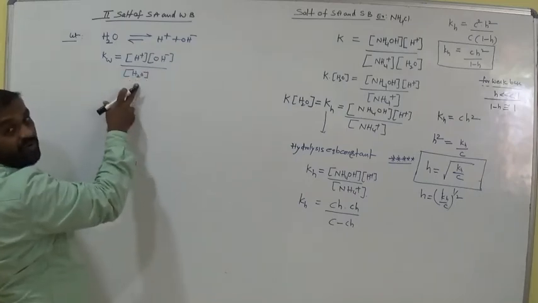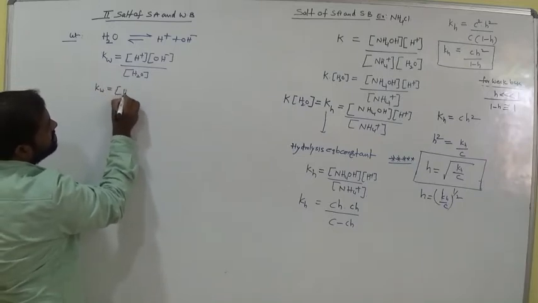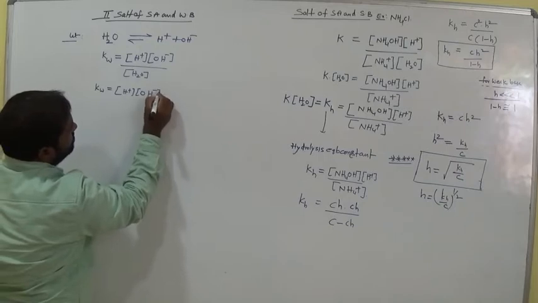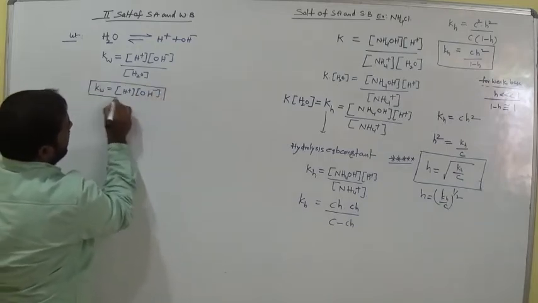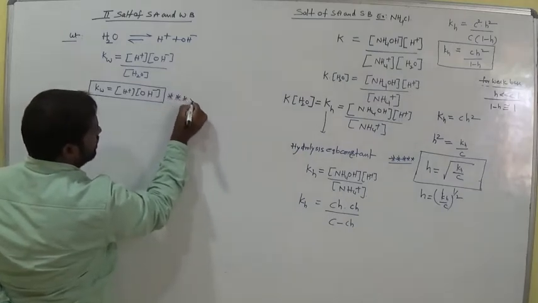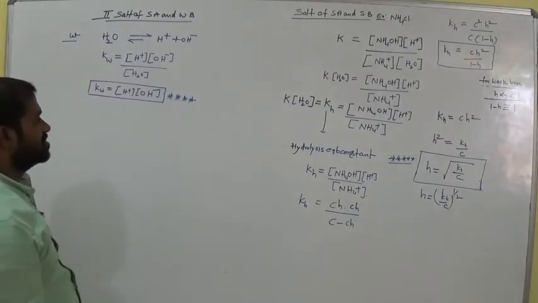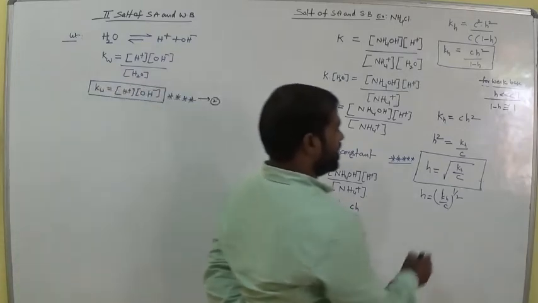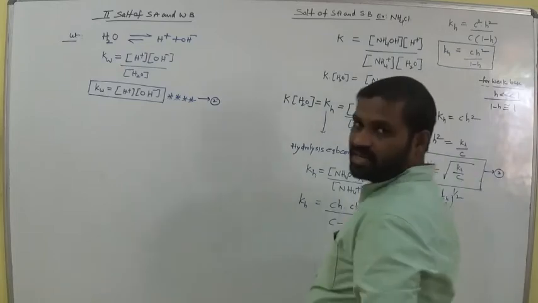The molar concentration for water is 1. Therefore, Kw equals the molar concentration of H plus times the molar concentration of OH minus. This is the second expression. Suppose this is taken as 2 and the earlier one as 3. Clear up to here?